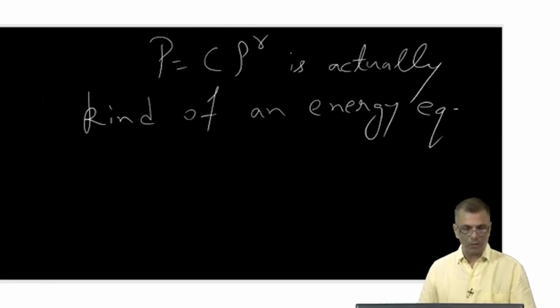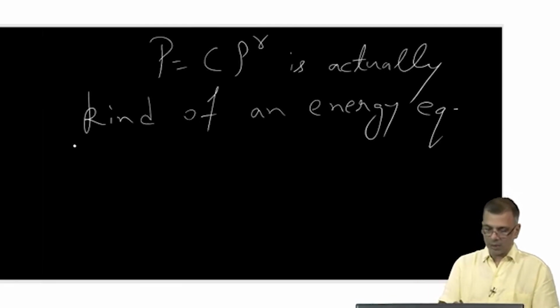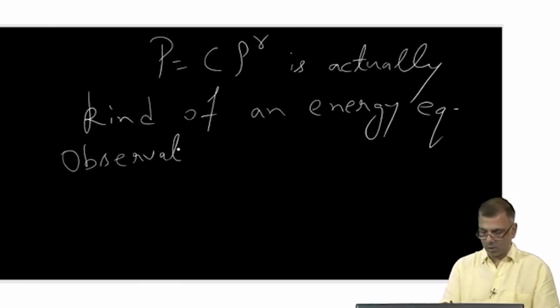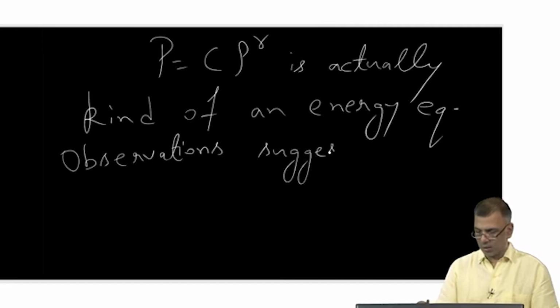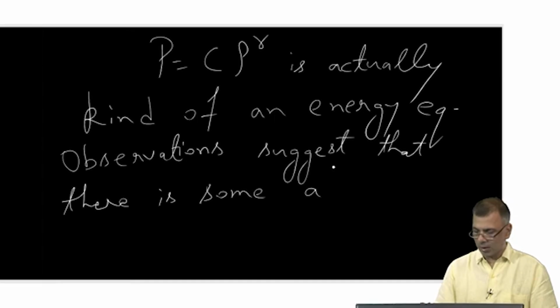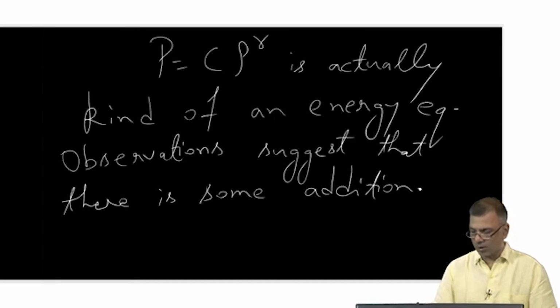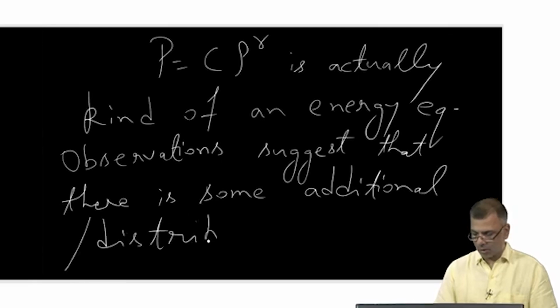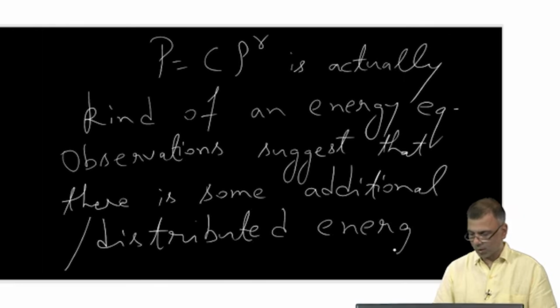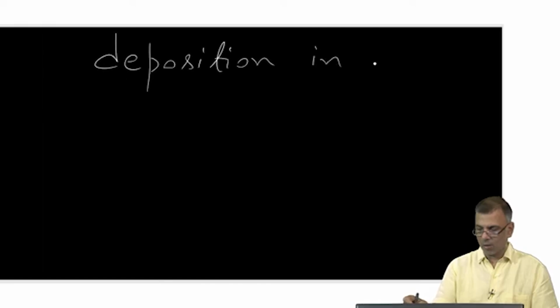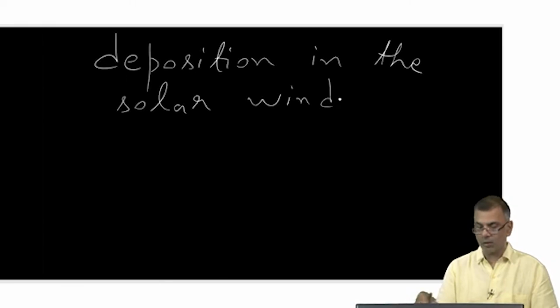So, the net upshot is that observations suggest that there is some kind of additional or distributed energy deposition in the solar wind over and above what a Parker solution predicts.